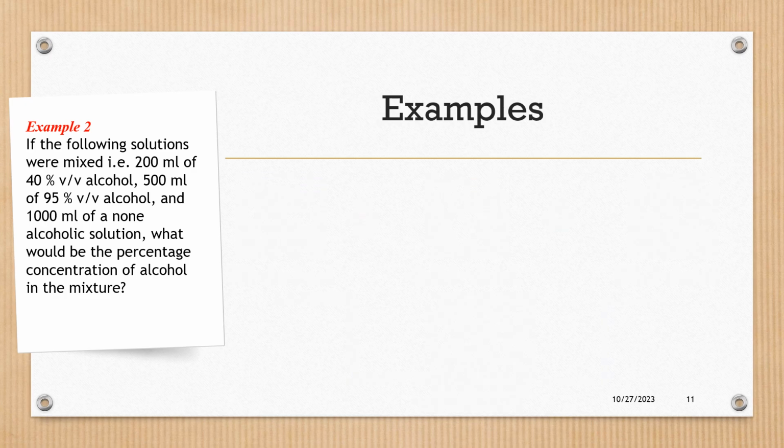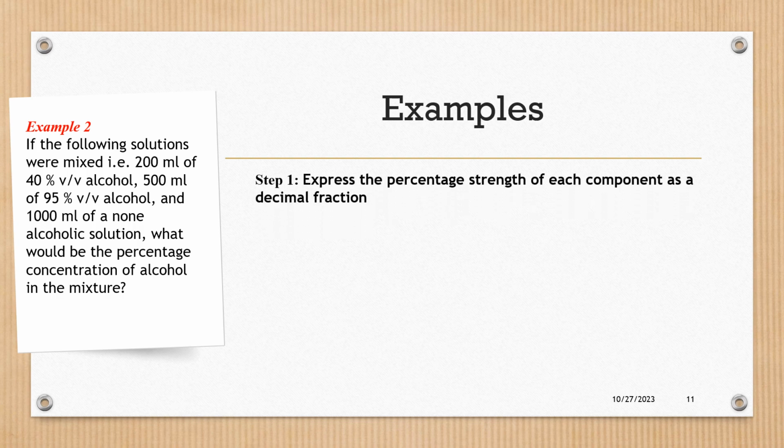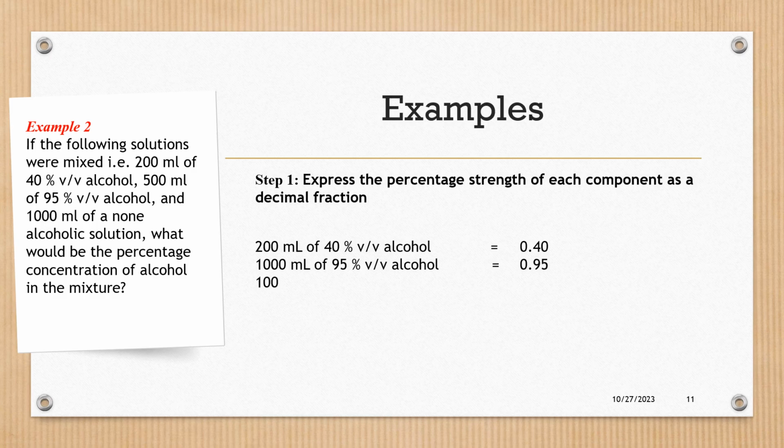And so recall what our next step is. We want to convert those percentages to decimals and then take the product of those decimals to find the amount of pure alcohol in each of those stocks that was added to the mixture. So once you work that out, this is what you're supposed to be getting.